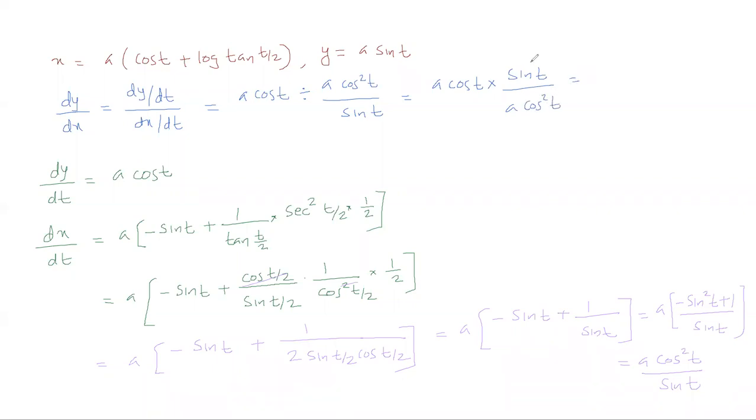So ये cancel हो जाएगा, एक cos cancel हो जाएगा. So sin t by cos t, the answer is tan t. So that's all about parametric differentiation.